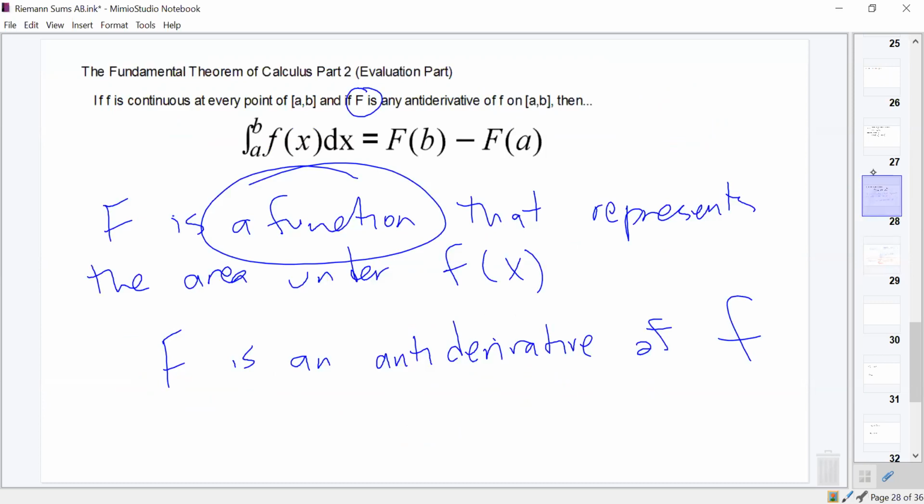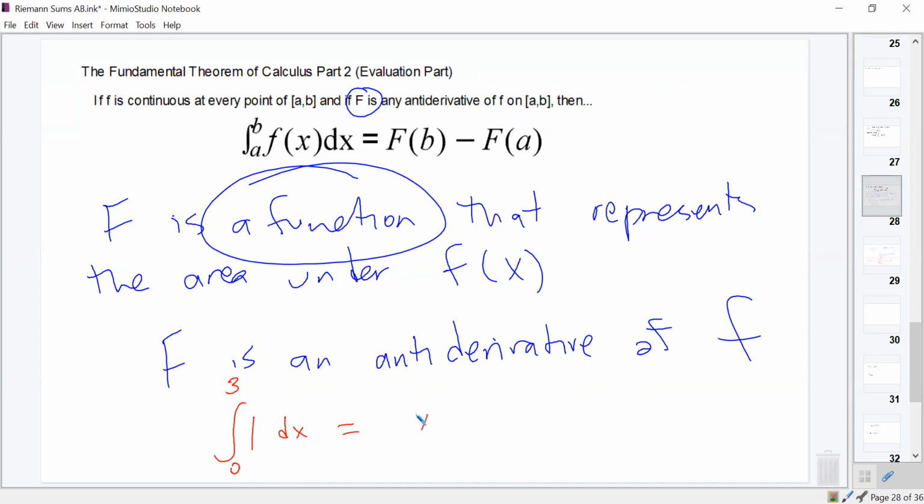So using that information that we have, we could say that the integral from, let's say, 0 to 3 of 1 dx, what's the antiderivative of 1? We said earlier that it was x, right?